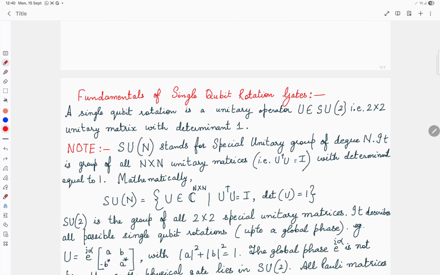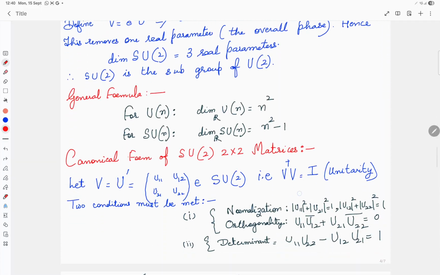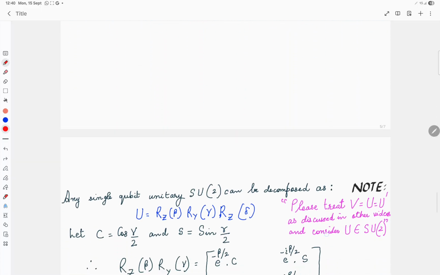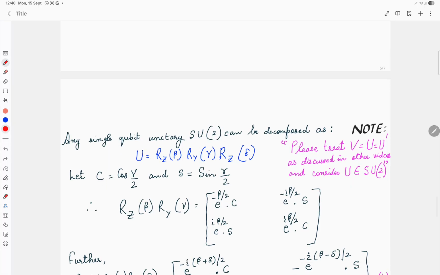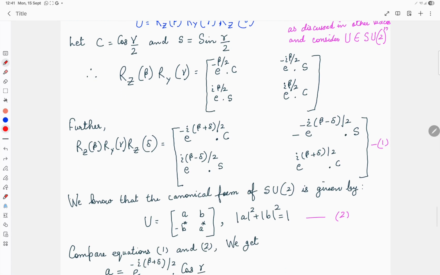Here it is theta, but for solving for beta, gamma and delta, you will use beta, gamma and delta in place of theta. First you calculate Rz beta and Ry gamma, multiply the two matrices, and you will get this. Next you do Rz beta, Ry gamma and Rz delta, and you will get this form. As I said, this is the standard canonical form for the SU2 special unitary group of matrices.